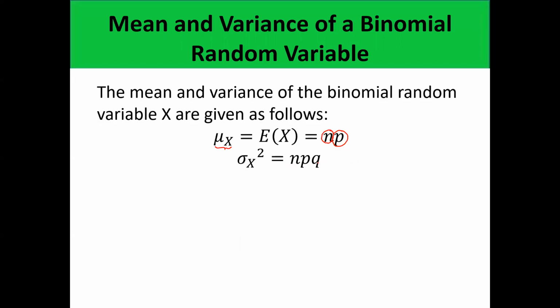And you already know from the previous chapters that to get the standard deviation of the binomial random variable x, we shall get the square root of the variance. So it's just the square root of n times p times q. Okay, so recall that q is again obtained by subtracting the probability of success from 1.